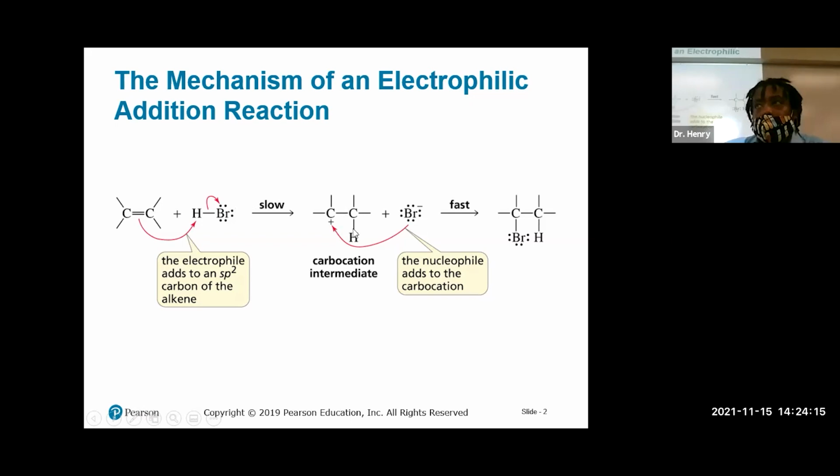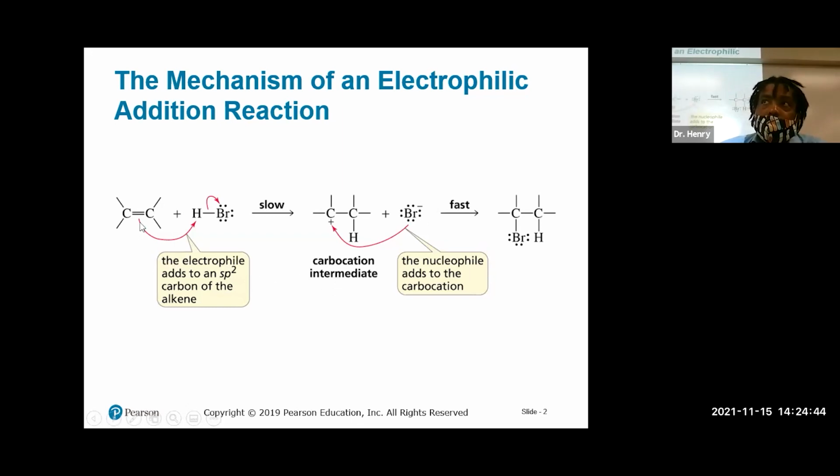So then it gets a plus, the hydrogen gets added. Then we have the bromine that forms its ion. That ion then later gets added to that positive charge. This part is the slow part of the reaction, that carbocation, right? And this is going to be that intermediate that we formed.